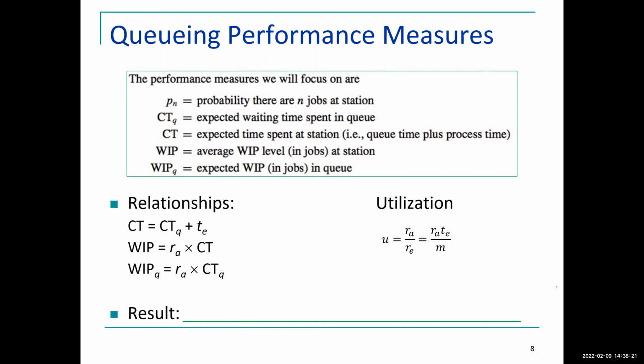So CT is looking, this is point A, and this is point B. So CT is looking at A up to B. CTQ will go from A to C. And WIP is going to go also from A to C. And then the utilization is given here by RA divided by RE, which is equal to RA times TE divided by M.